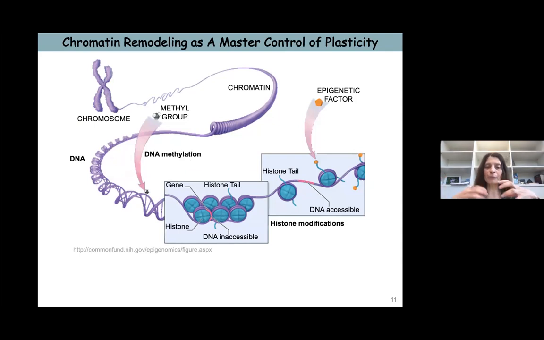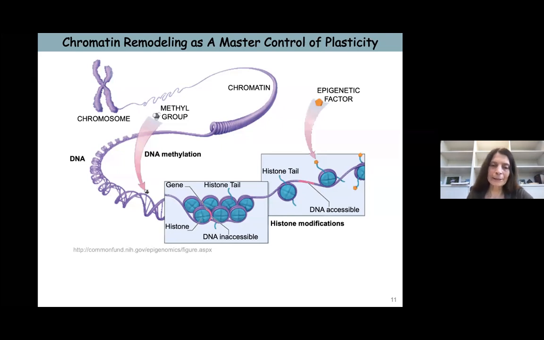All those modifications will modify the compaction of the chromatin, and by doing so, they modify the accessibility of the gene. If the chromatin is decompacted, then the accessibility for the transcriptional machinery is better than, of course, if it's compacted and inaccessible.